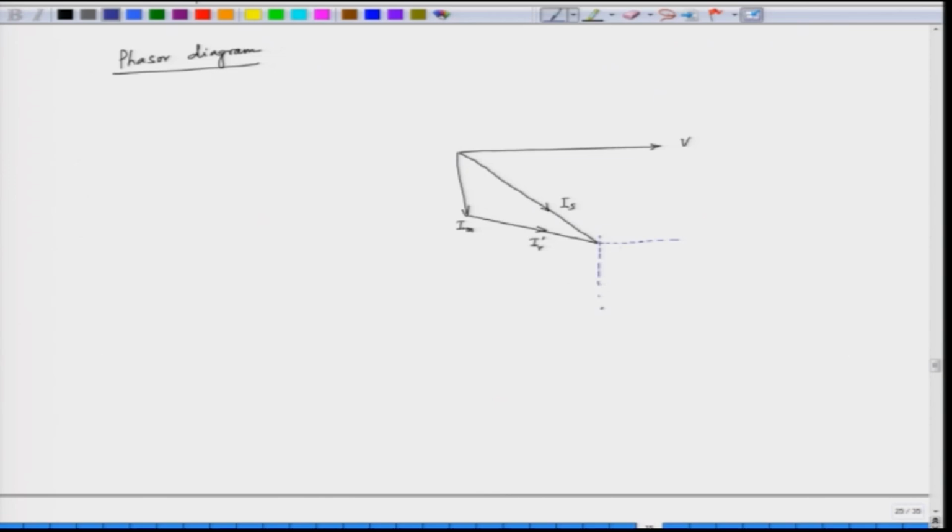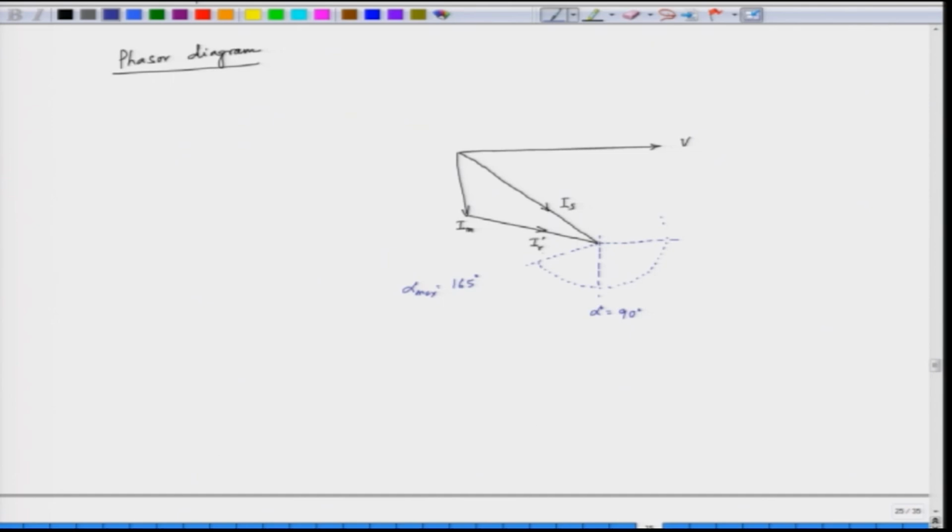So, alpha here is 90 degree, and alpha maximum we said it is something like 165 degree. If we assume that the transformer current is constant, the locus of the transformer current is a circle.